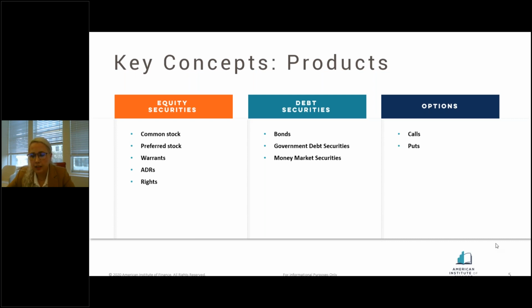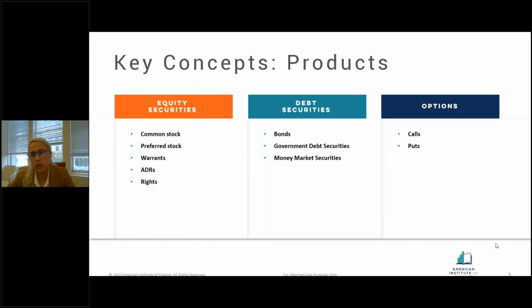I typically like to say that there are three main categories of products that you will find during the exam: equity securities, debt securities, and options. In the exam, you will also find other types of products, but those are the main categories to talk about today.